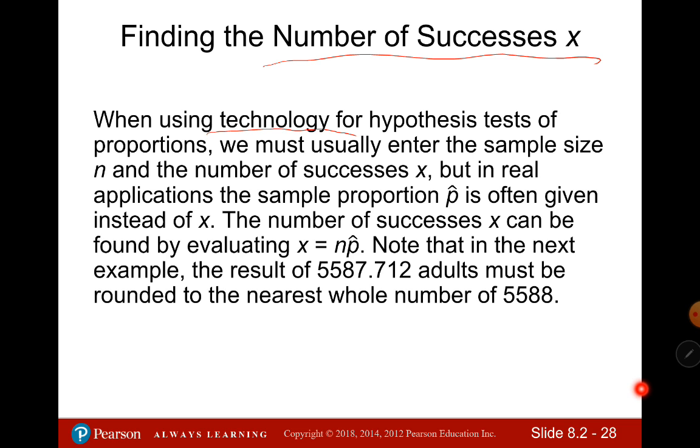If we already know p hat is equal to x divided by n, with a little transformation we get this formula, and we use it to find the x value.